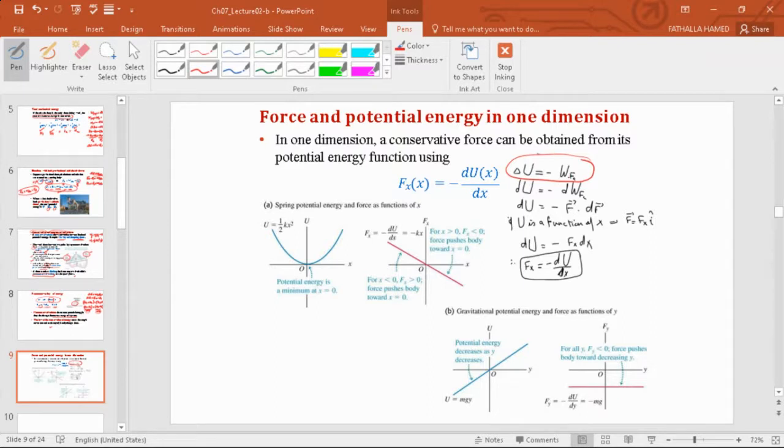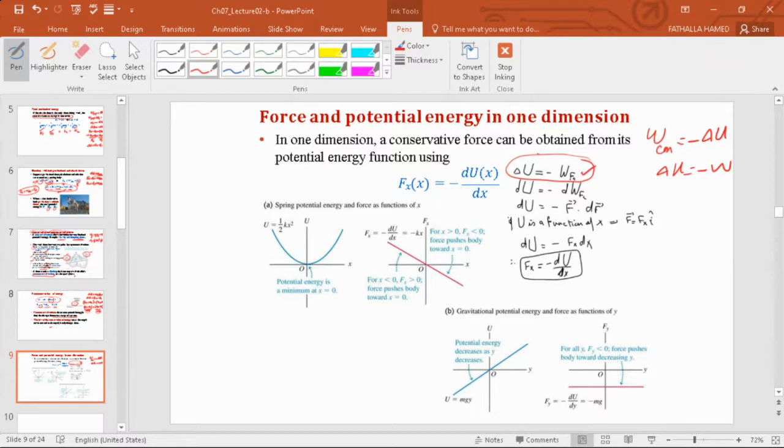the change, or minus the work done by the conservative force. You know that when we said that the work done by a conservative force should equal to minus delta U. So delta U will equal to minus W. That's what we have here. And F here means conservative force.